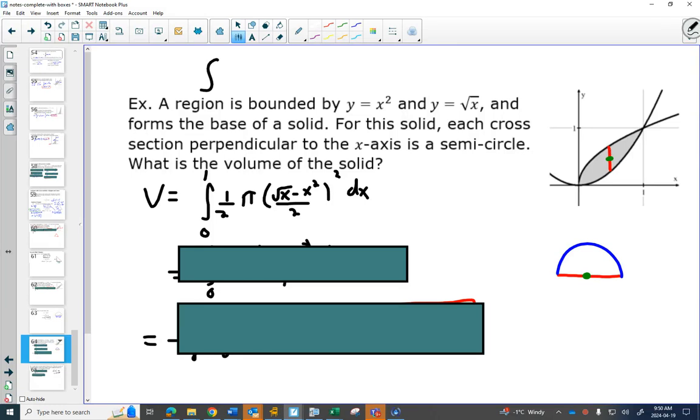So we're really figuring out the integral from 0 to 1 of 1/2 pi r squared dx. That's what should be in your mind. And then it's just a matter of, okay, what is my actual radius? It's just f of x minus g of x cut in half.